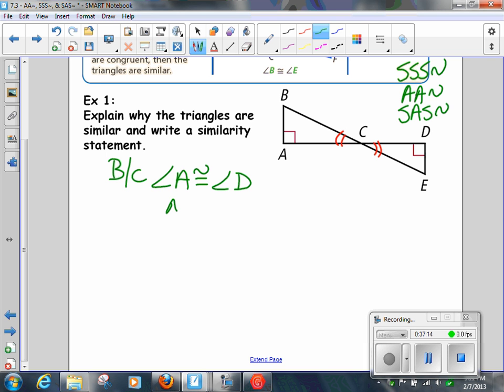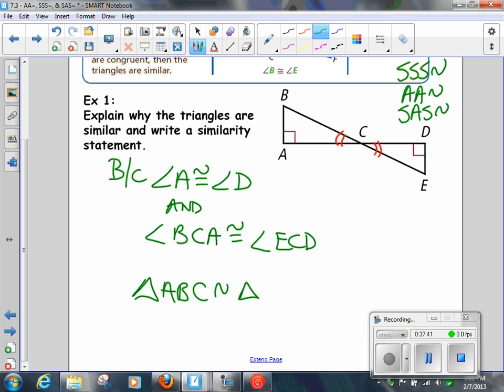And angle BCA is congruent to angle ECD, which gives me my two congruent angles. Then what can I conclude? Triangle ABC is similar to triangle who? DEC, good. Based upon which postulate or theorem?